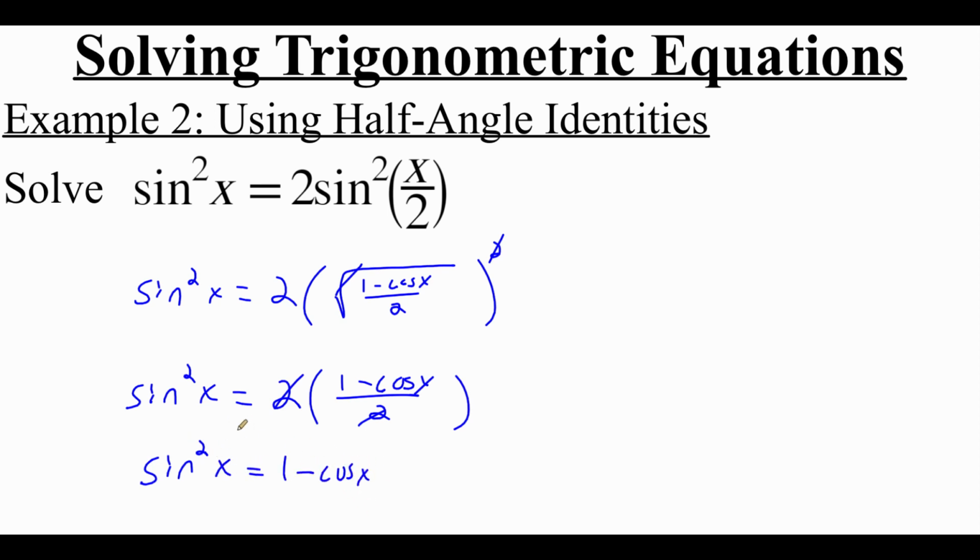Now we've got two different trig functions in here, but we can actually get this to be just one trig function using a Pythagorean identity with that sine squared on the left-hand side. So sine squared of x is 1 minus cosine squared of x, and that equals 1 minus the cosine of x. Now if we subtract this 1 over to the left-hand side, those 1's are actually going to cancel each other out. And then I'm going to add this cosine of x over to the left-hand side.